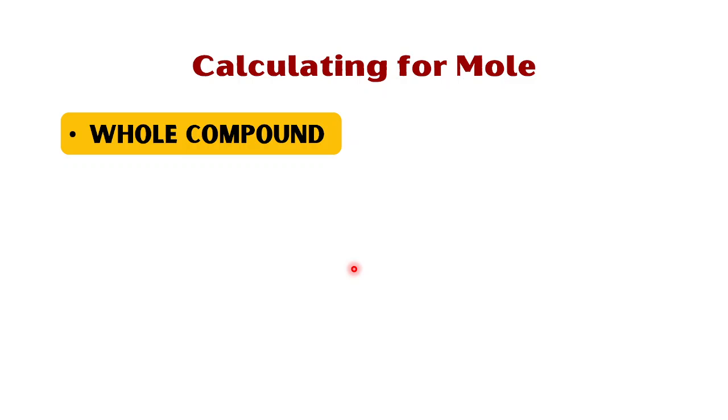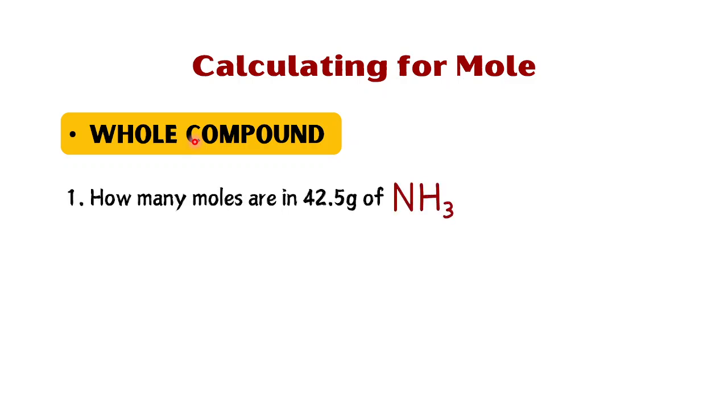So now let us consider first this problem. We are calculating moles in a whole compound. So in this case, we are tasked to determine the mole for a whole compound. We have here the problem, as you can see. How many moles are in 42.5 grams of NH3, or that's ammonia?